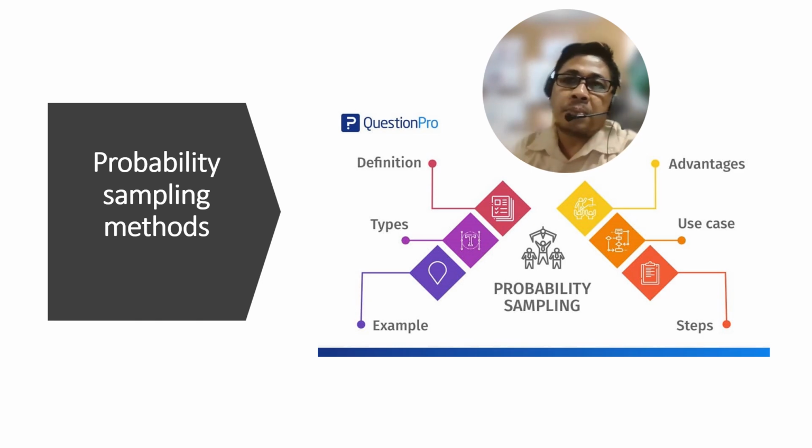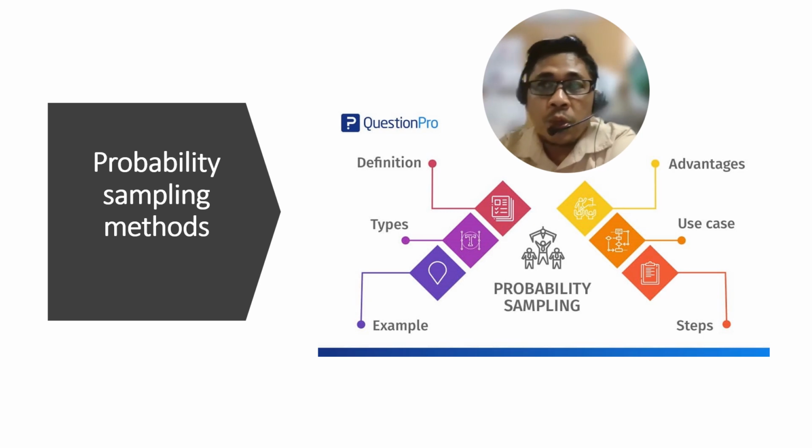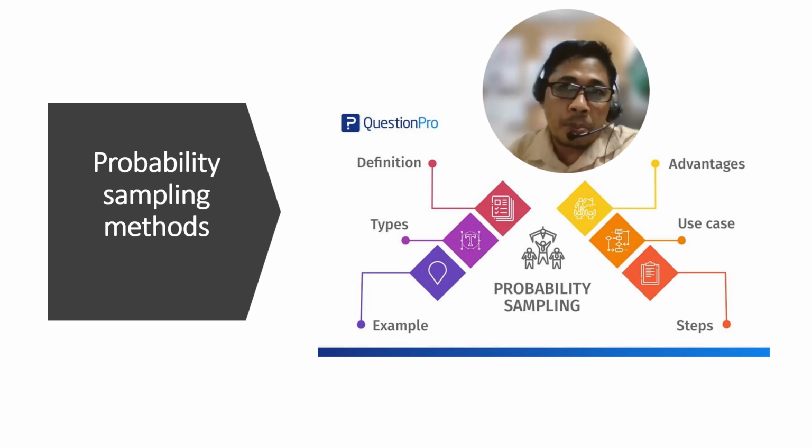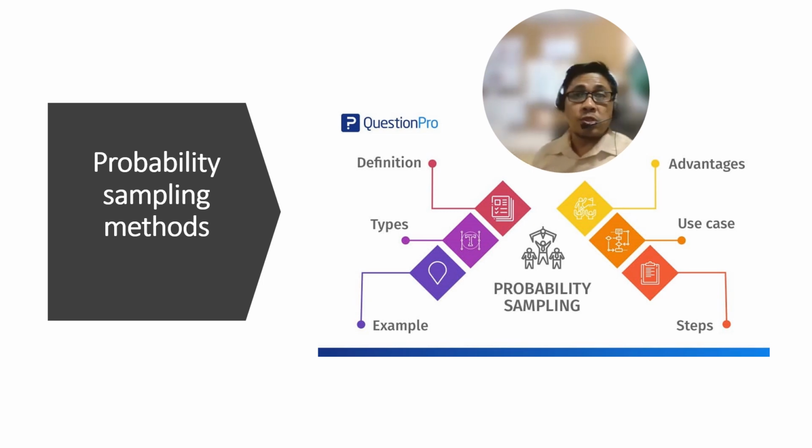So probability sampling is a technique in which the researcher chooses samples from a larger population, using a method based on probability theory. For a participant to be considered as a probability sample, he or she must be selected using a random selection.